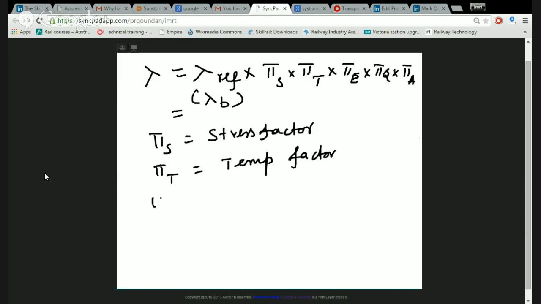And pi factor Q is the quality factor. So who manufactures this capacitor or the device? If it is company X, Motorola, yes, maybe good quality. Somebody else, some Chinese thing, may not be a good factor. So it gives a quality factor. Pi factor A is some adjustment factor.